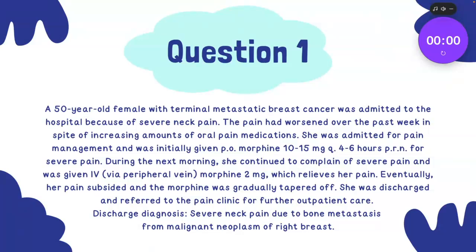Pain got worse over the past week in spite of increasing amounts of oral pain medication. Patient was admitted for pain management and initially given PO morphine 10 to 15 milligrams every 4 to 6 hours for pain.